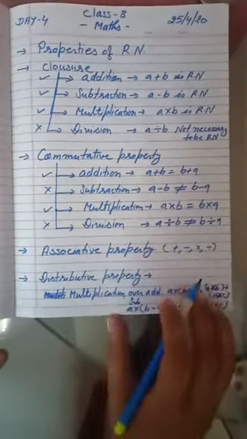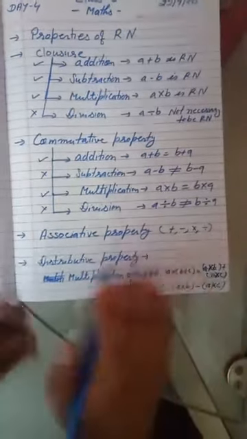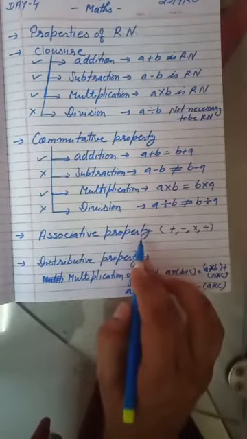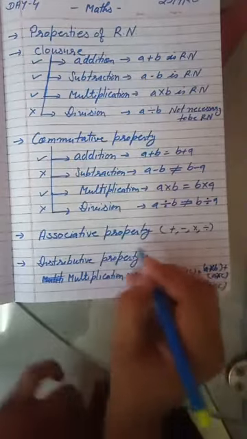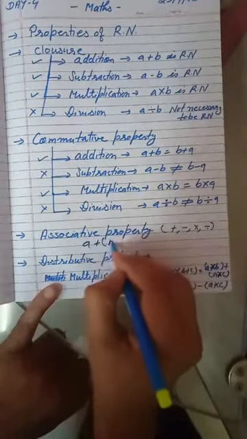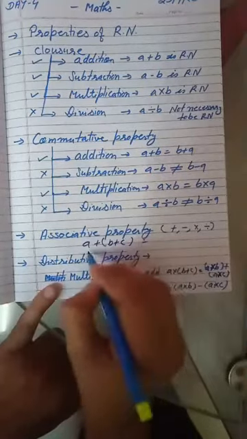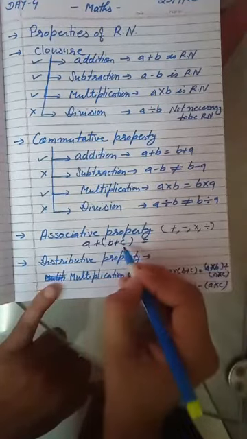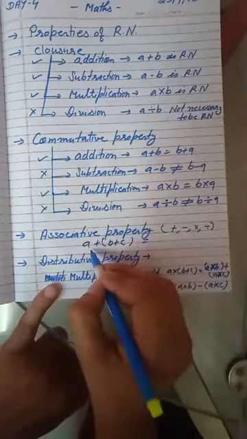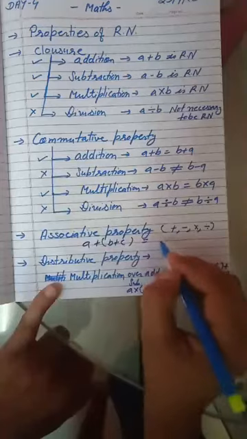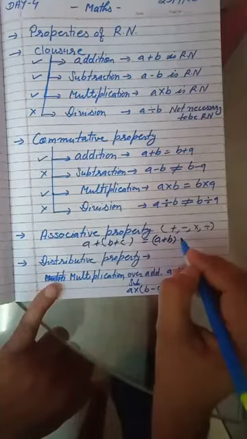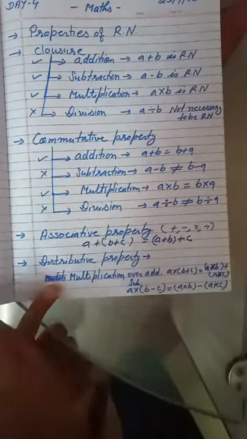Now today we will study the next property, called the associative property. The associative property involves at least three numbers. Just like a plus b plus c: you add the last two numbers first, then add the result to a, or you add the first two rational numbers first, then add the result to the third one.